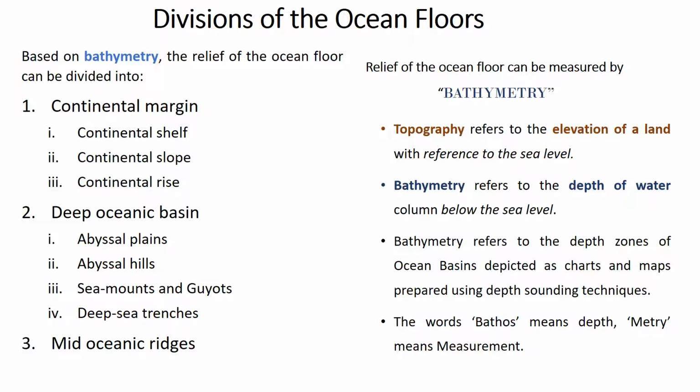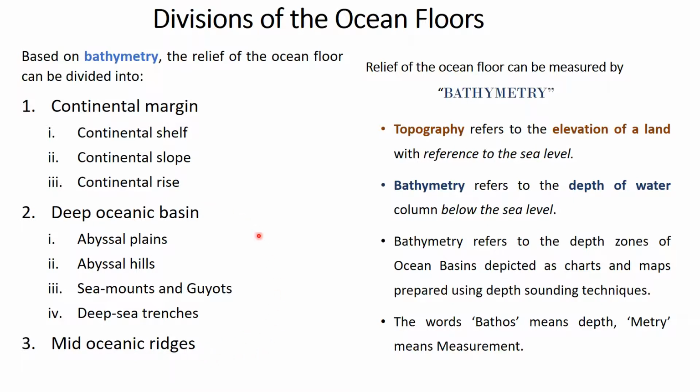Based on bathymetry, the relief of the ocean floor can be divided into continental margin, under which we have continental shelf, continental slope, and continental rise. And then we have the ocean basin. Remember the two types: deep oceanic basin and mid-oceanic ridges.